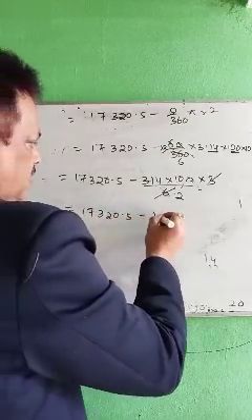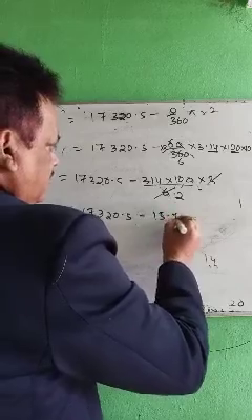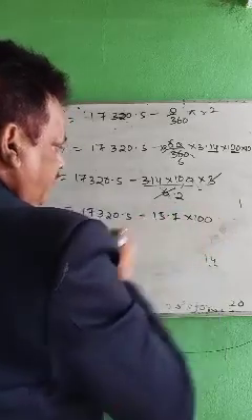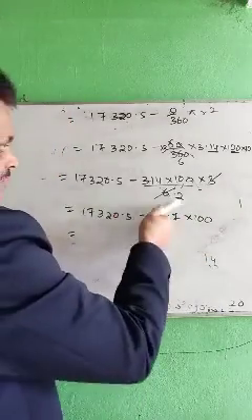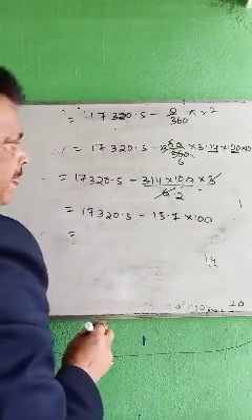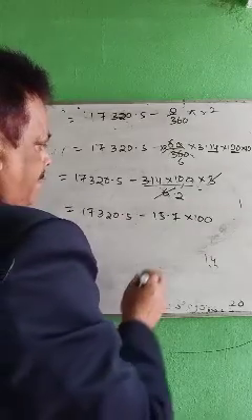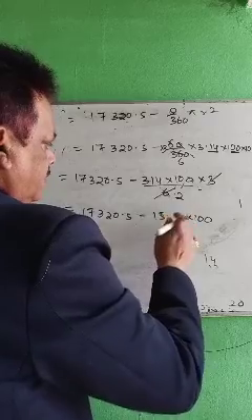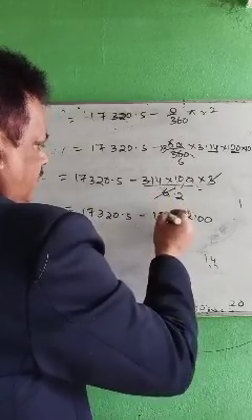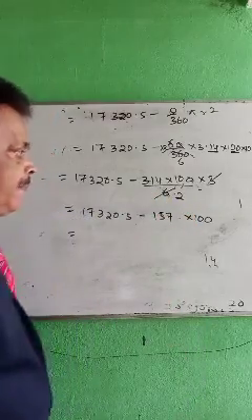So 17320.5 minus 15.7 into 100, because this divided by 2 is 15.7. Sorry, 157.